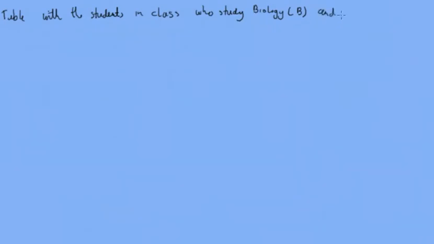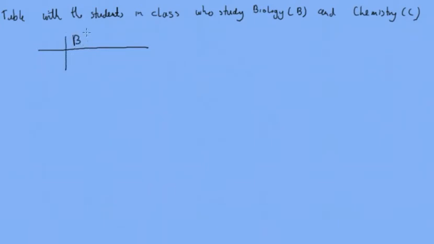So let's do another question. This time we've got a table with the number of students in a class who study biology, which will be denoted with a big B, and chemistry, which we will denote by a C. So here's our table.